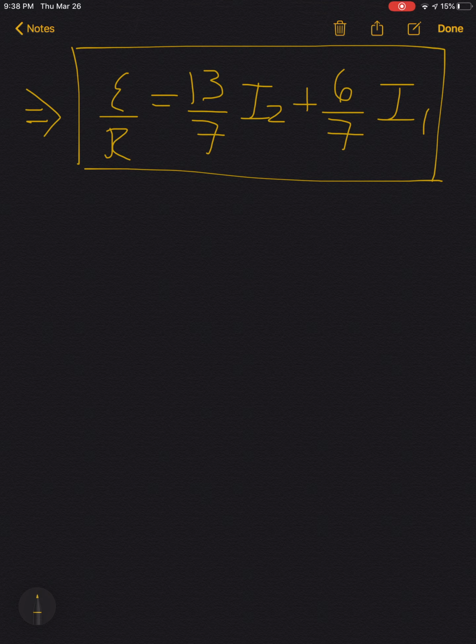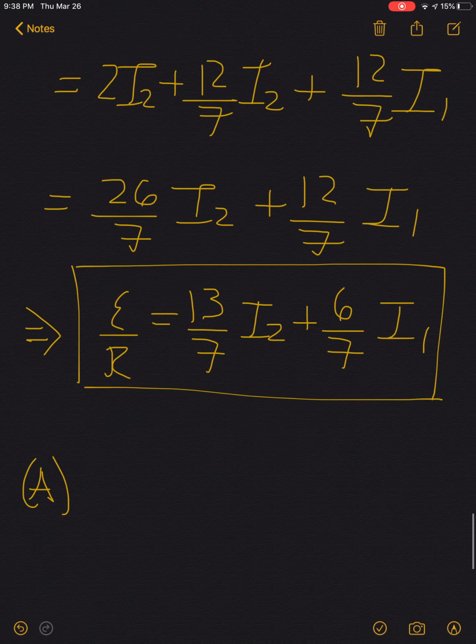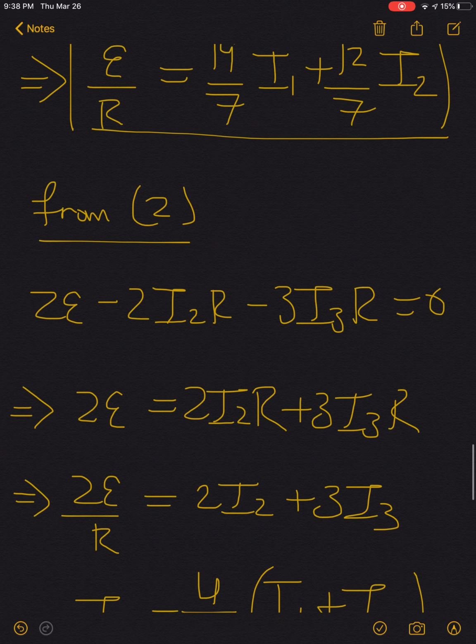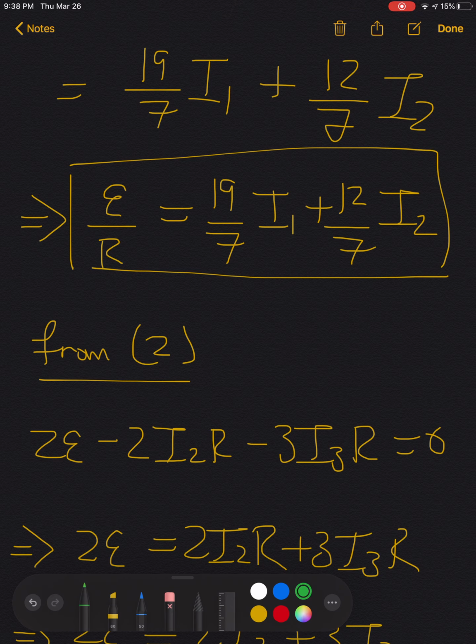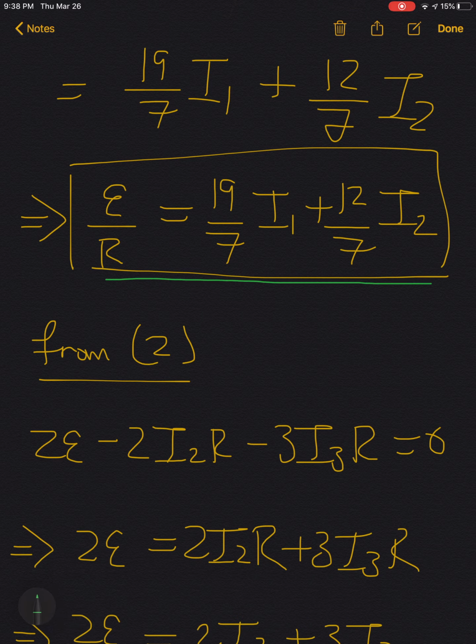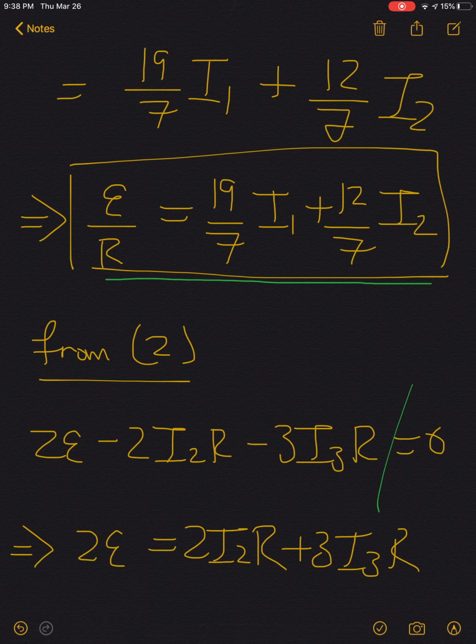So we can write a new equation A, which is just the equation, let me specify which one I'm talking about. This equation right here, let's rewrite this one. I'm just going to multiply by 7 on both sides because I don't want to work with those fractions.